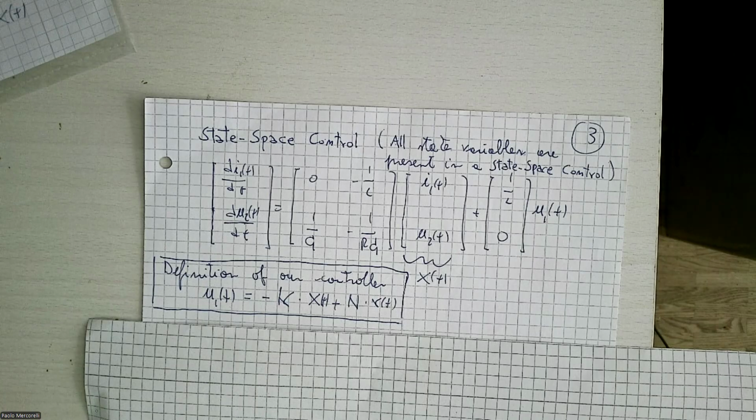Definition of our controller. Definition. What is the meaning of this approach? The meaning is I can define a controller basically as I want, but please keep in mind that the controller is always a function of the states, or at least one state. Let me say in general states. We will see why the general is more effective exactly today.